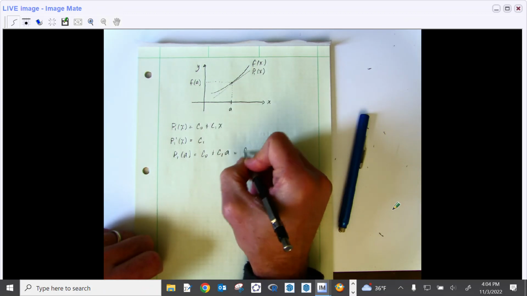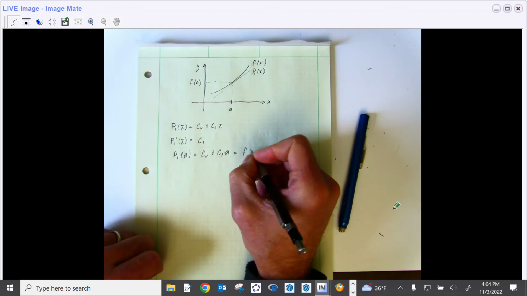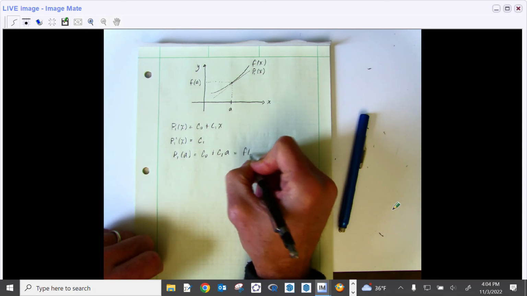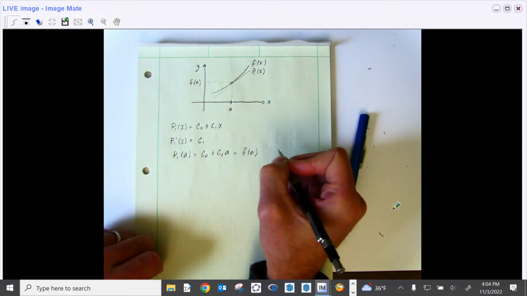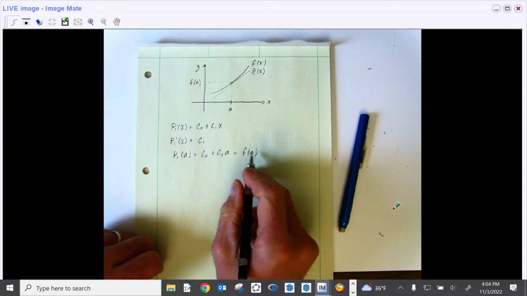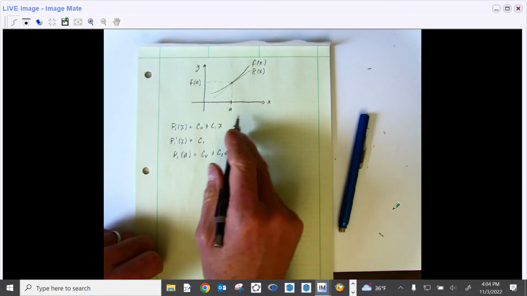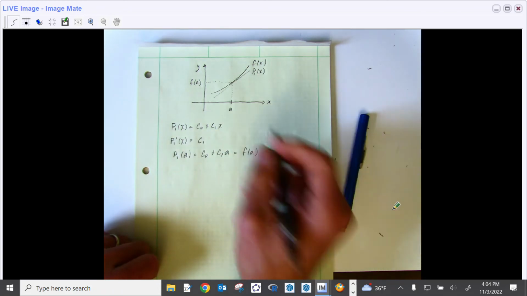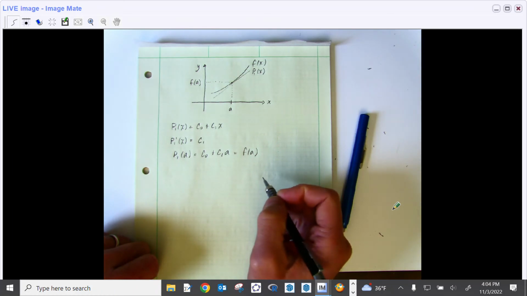So that would be equal to f of a. In other words, the y value of this function better be equal to the y value of the function we're trying to model at a. So that's the first result we get.